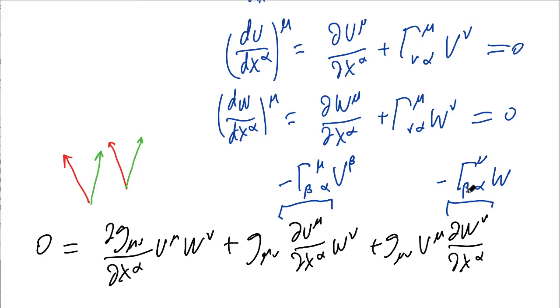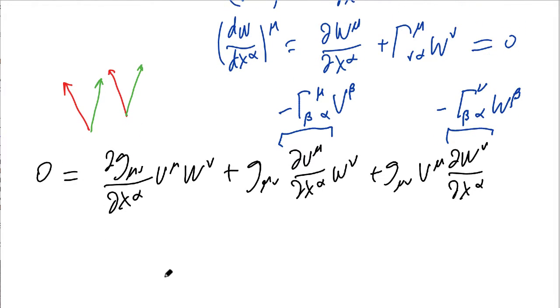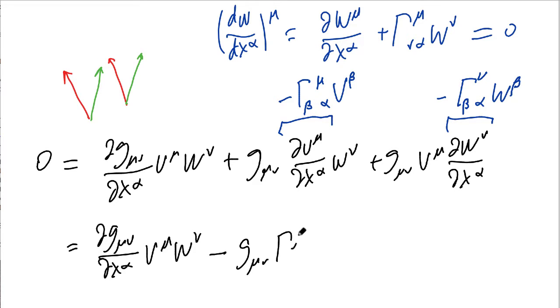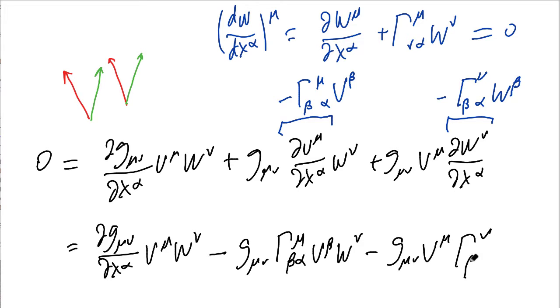We'll use the letter beta. All right, so this is equal to partial of g mu nu with respect to x alpha v mu w nu minus g mu nu times gamma mu beta alpha v beta w nu minus g mu nu v mu gamma nu beta alpha w beta.